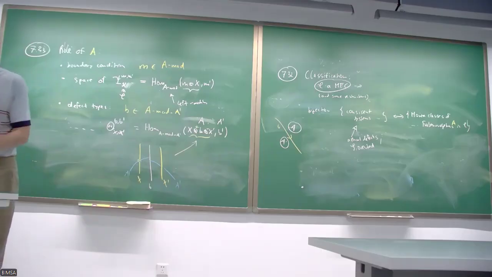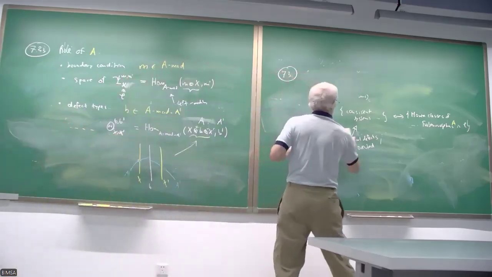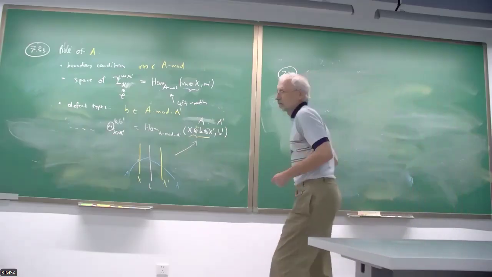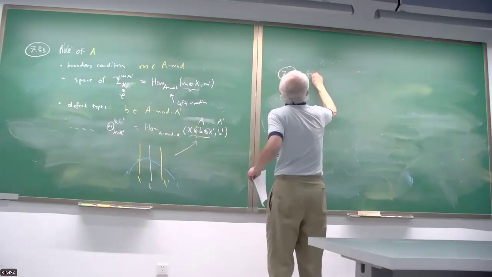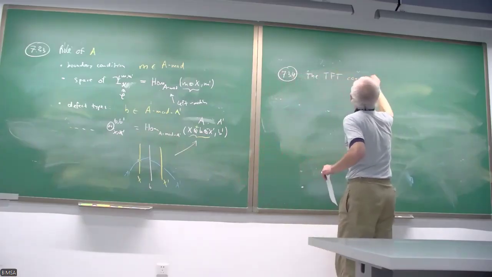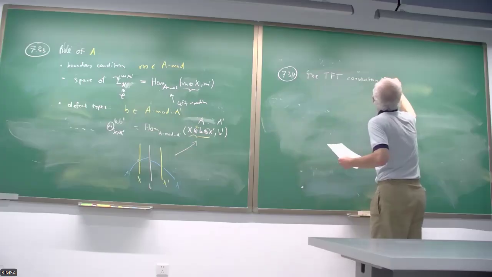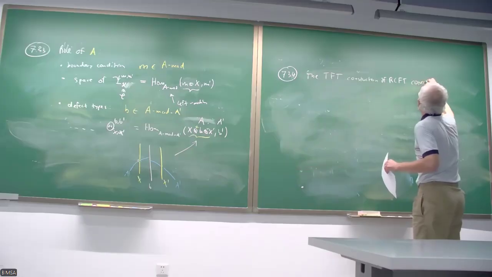And that's, it's time to stop, but let me just start with one line. What we will do, and I will do this mainly by just drawing a big picture, is something that has been called the TFT construction of correlators, a consistent system of correlators for rational conformal field theory.